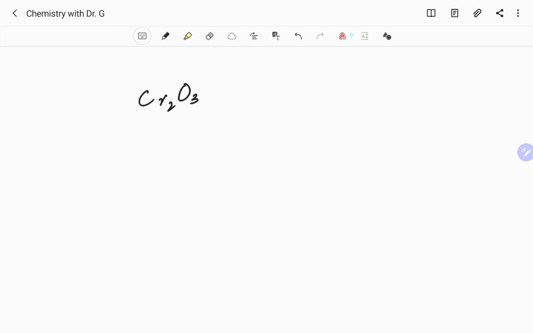You know that oxide is a 2 minus ion, and you see this 2 right here. That means this 3 should be the charge of chromium. So this is a chromium 3 plus.